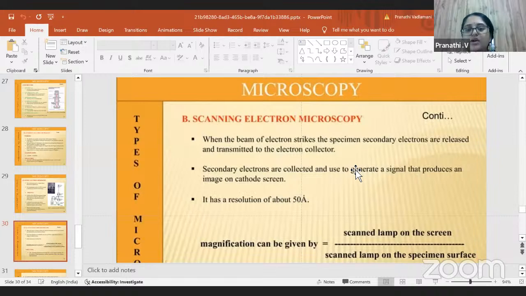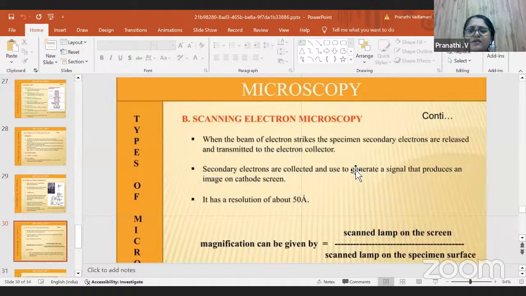When the beam of electrons strikes a specimen, secondary electrons are released. These are transmitted to the electron collector. Once the secondary electrons are transmitted to the electron collector, they are used to generate a signal, and this produces an image on the cathode screen.